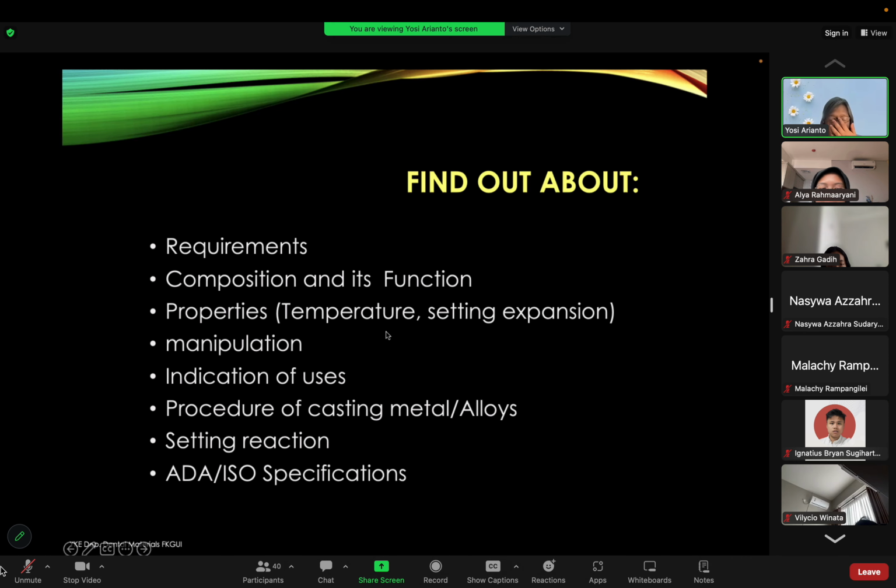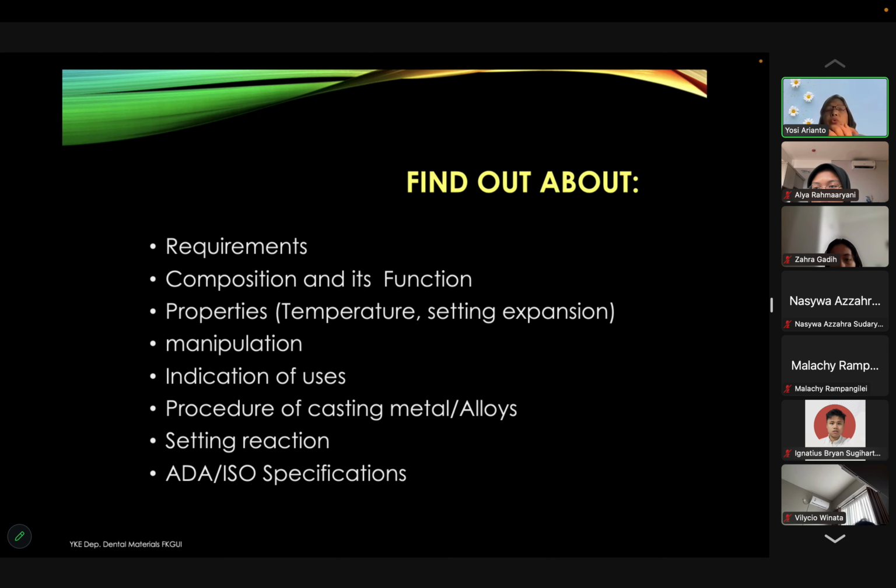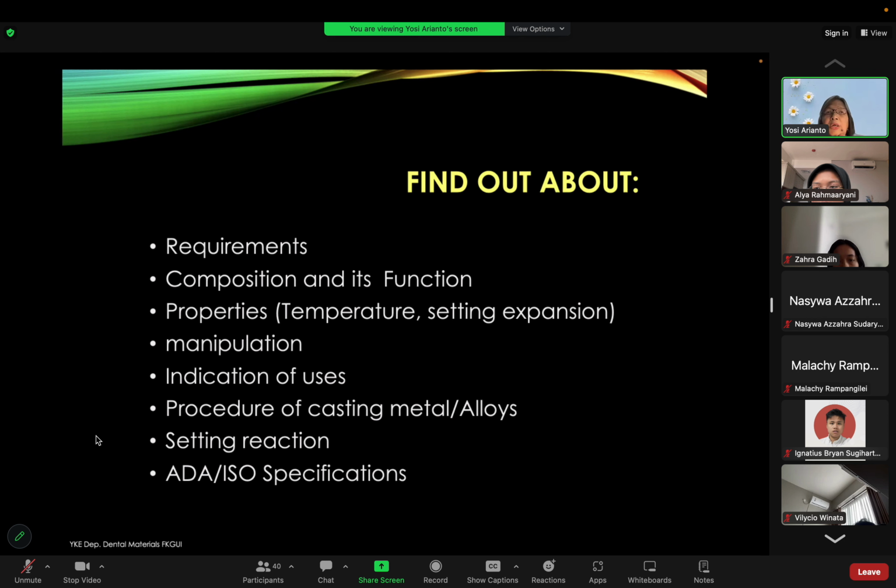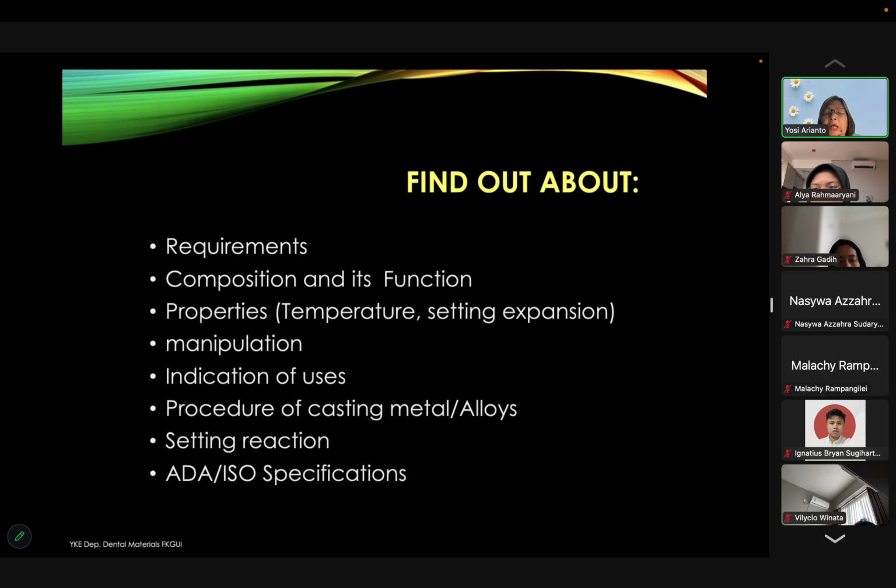Okay, thank you. So we'll see you next week. Yeah, next week. Oh, sorry. Maybe next week I will try to give you the clarification for scenario 3, but I'm not sure because I have to go to Bandung.